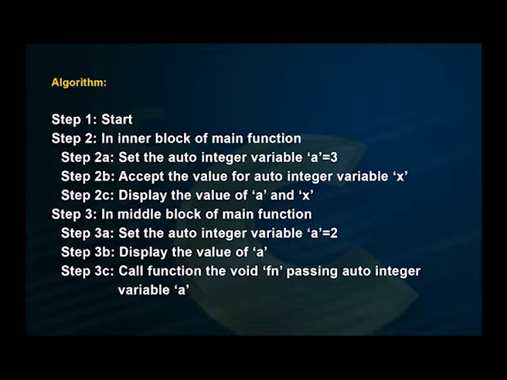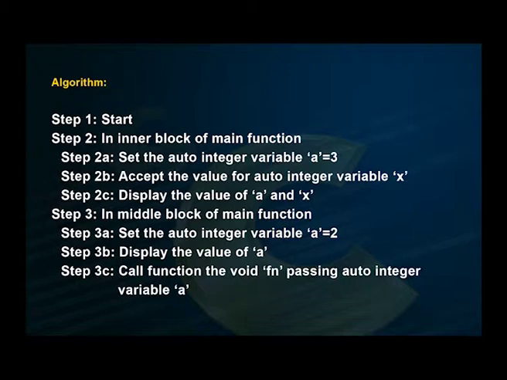Step 1, start. Step 2, in inner block of main function, step 2a, set the auto integer variable a equal to 3. Step 2b, accept the value for auto integer variable x. Step 2c, display the value of a and x.